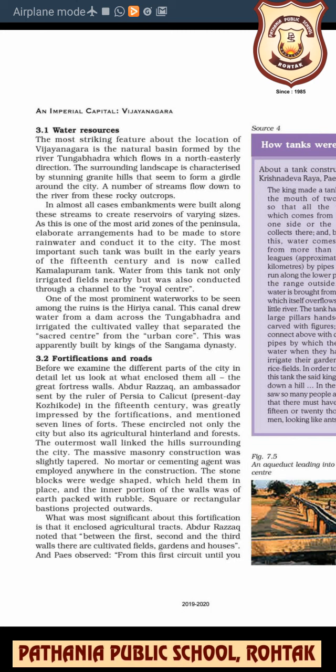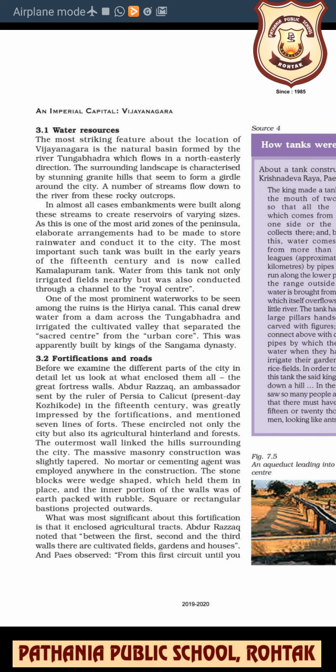The most important such tank was built in the early years of the 15th century and is now called the Kamalapuram tank. Water from this tank was used not only for irrigating fields but was also conducted through a channel to the royal center, where the royal people used to live. So the water was sent through channels to the royal center also.